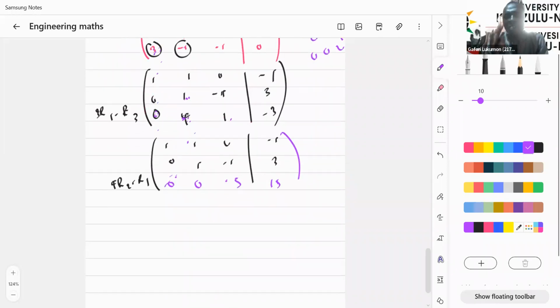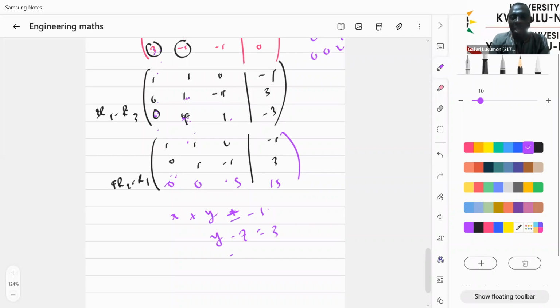One of the advantages is that as soon as you reduce it to an echelon form, this equation will now reduce to what? X, if you write it before you put it into echelon, it's going to be X plus Y plus 0Z, that's going to give me minus 1. Then this 0 will give me Y minus Z is equal to 3.